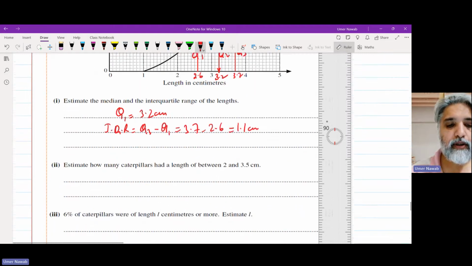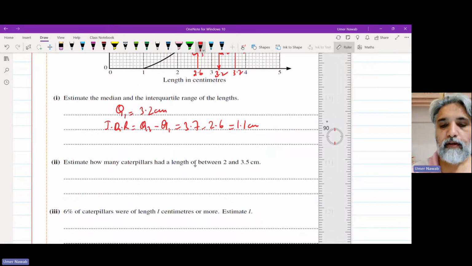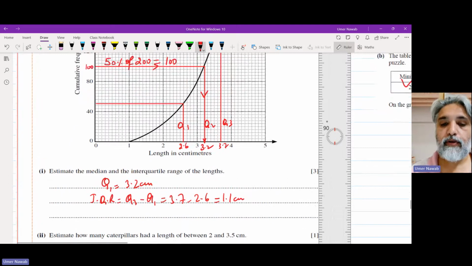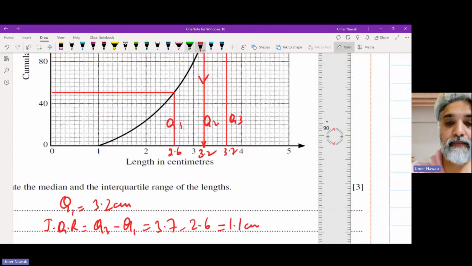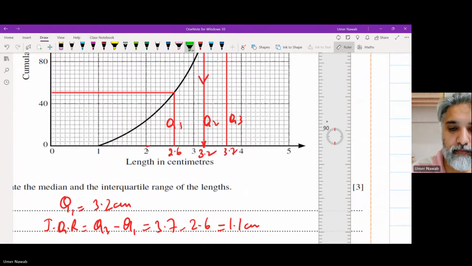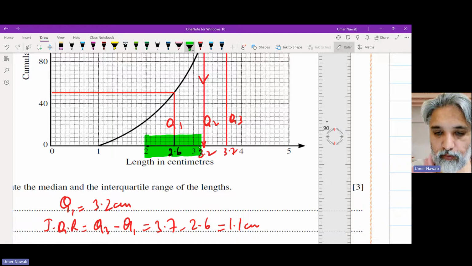centimeters. Next question: estimate how many caterpillars have length between 2 and 3.5 centimeters. 2 and 3.5, guys. This is 2. This is 3, 3.4, and this is 3.5. Okay, let's move further. 1, 2, 3, 4, 5.